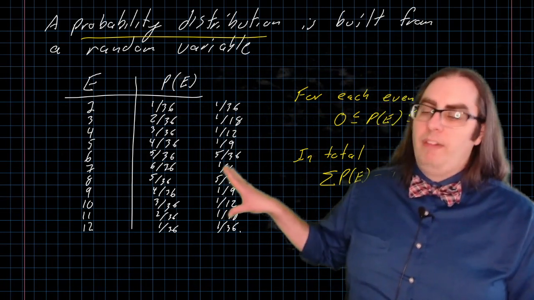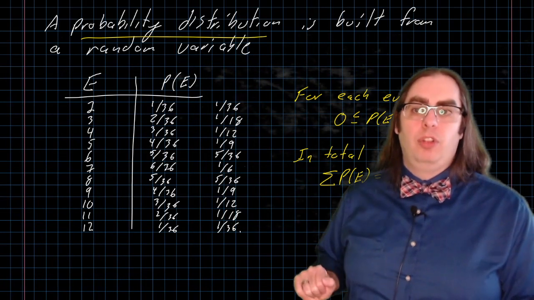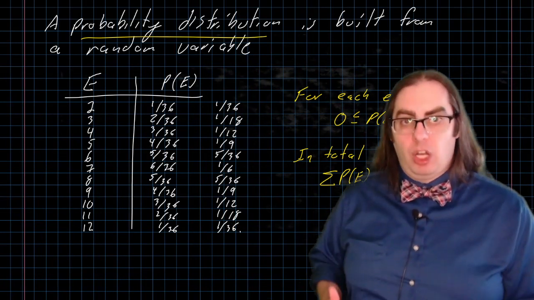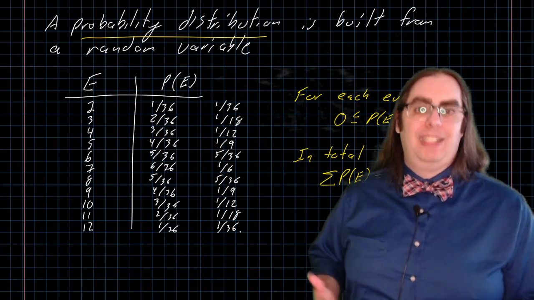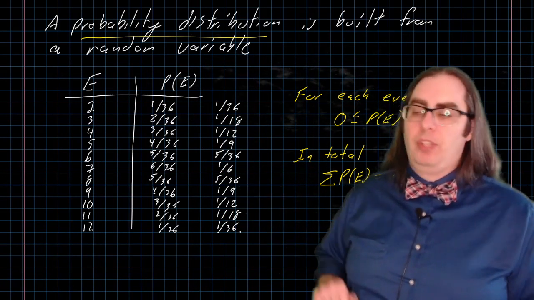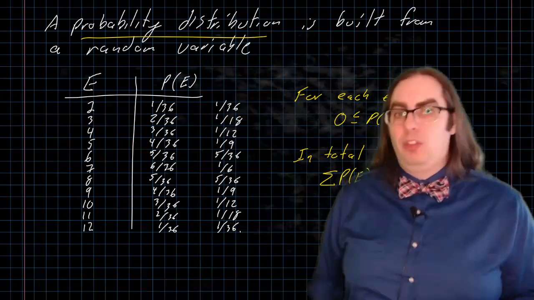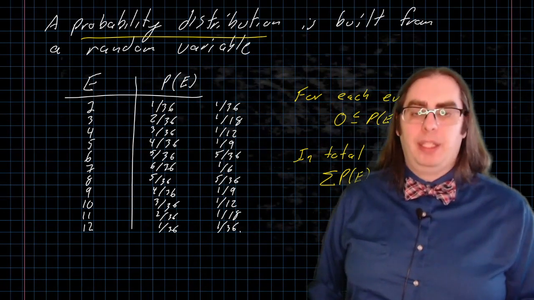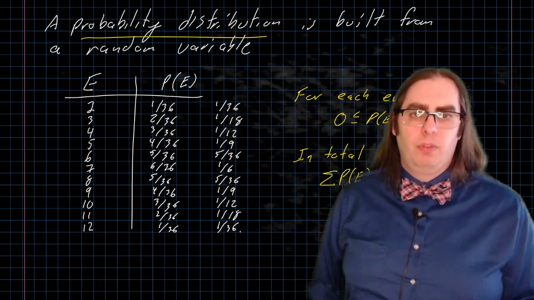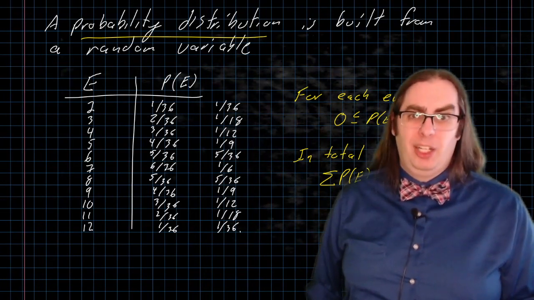All right, so our events have to be mutually exclusive and they have to be exhaustive. Everything that can happen has to be represented in our probability distribution. Otherwise, what we have is not actually a probability distribution. It seems fairly straightforward, I hope.